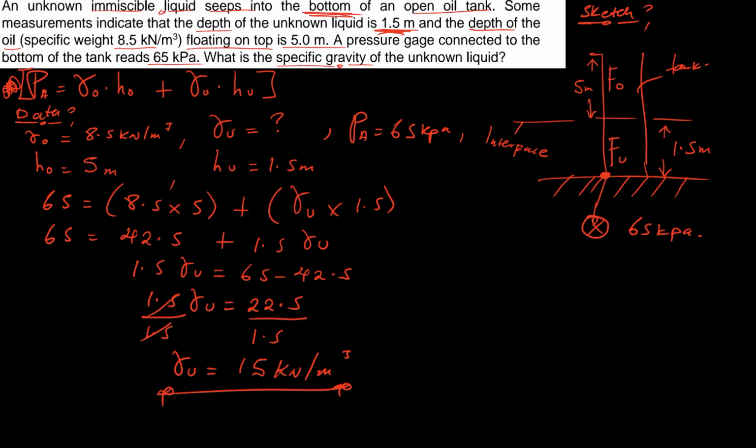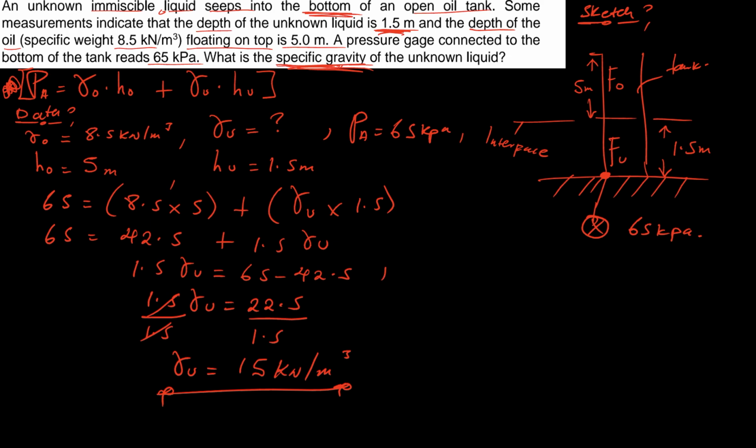All right, I know that this feels like a relief, but we're not yet done. The question itself is asking us to find the specific gravity of the unknown fluid. Now, how do we find it?